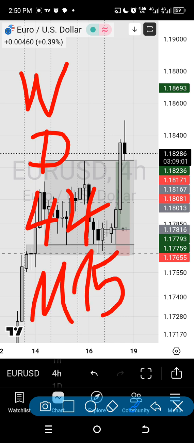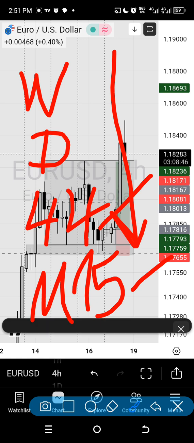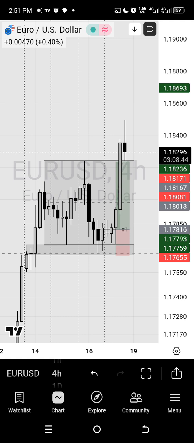This is what I actually do. I can take my trade on the 4 hour or on the 15 minute, and that is just the flow diagram of higher time frame to lower time frame confirmation entry. So you should take note and apply it in your own trading.